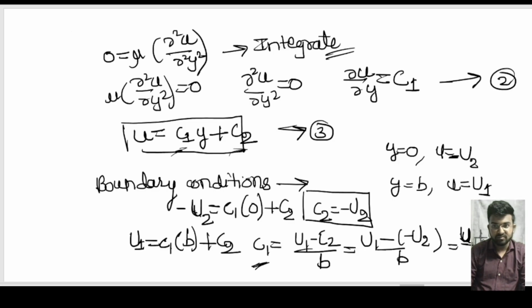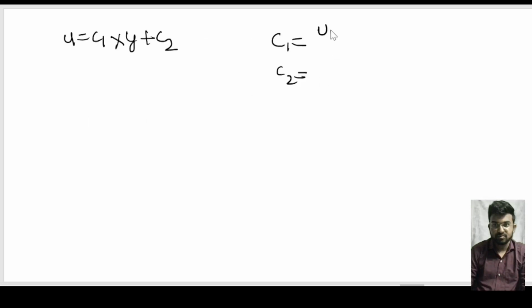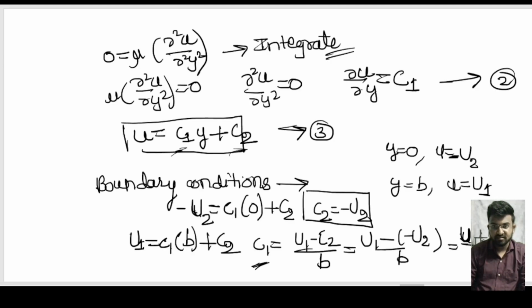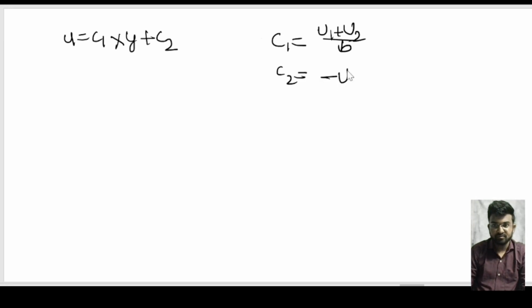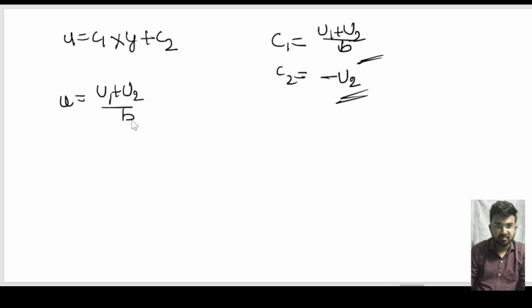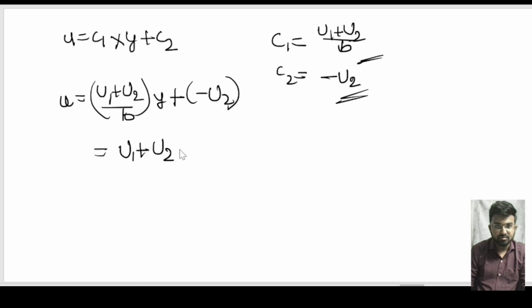We have got c1 equal to u1 plus u2 divided by b, and c2 equal to minus u2. So u equals u1 plus u2 by b, multiplied by y, plus minus u2. So u equals u1 plus u2 by b times y, minus u2.